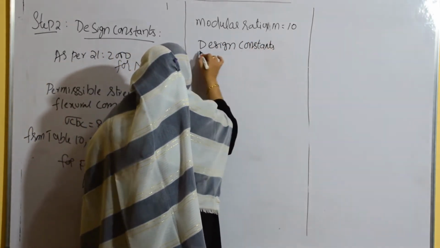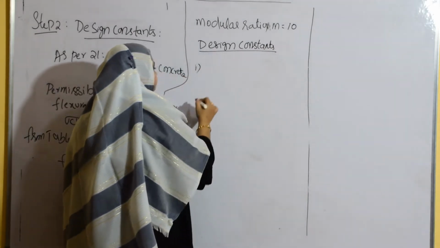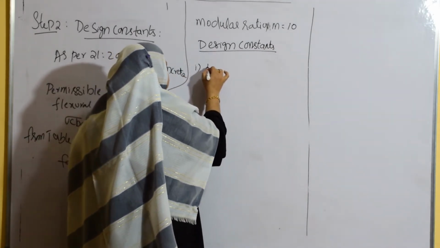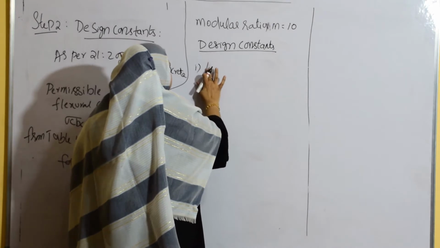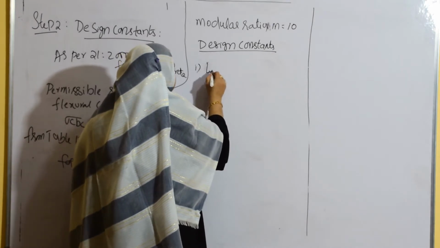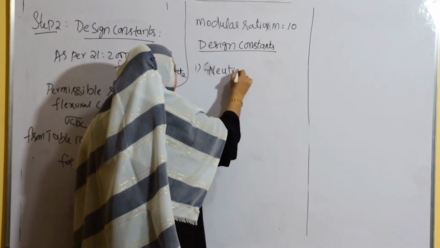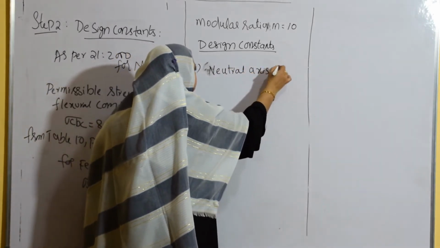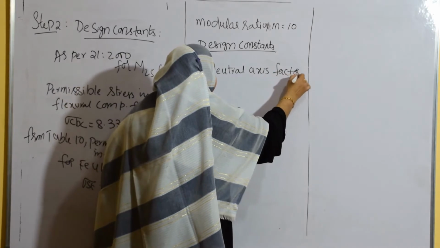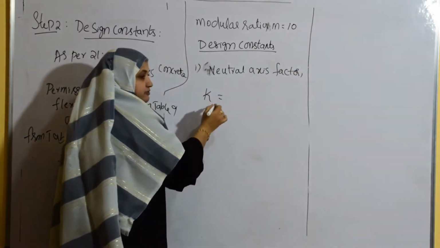The first design constant is the neutral axis factor. It is represented by the letter K. How are we going to get that?